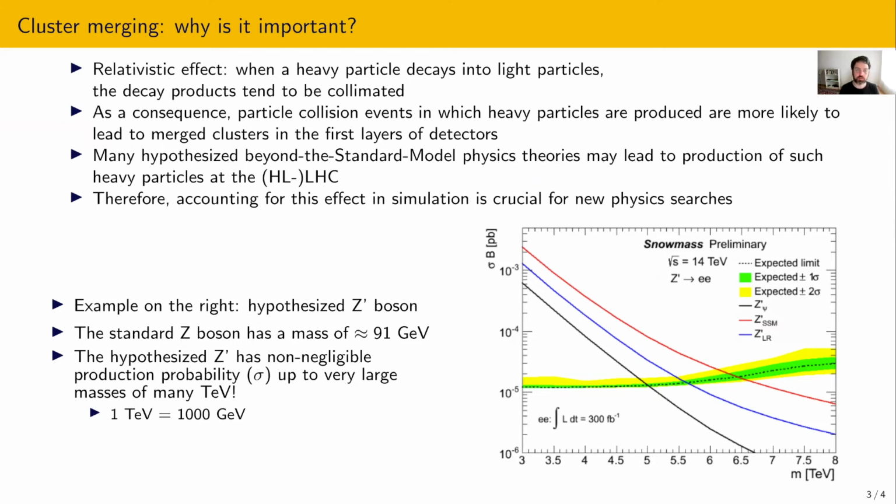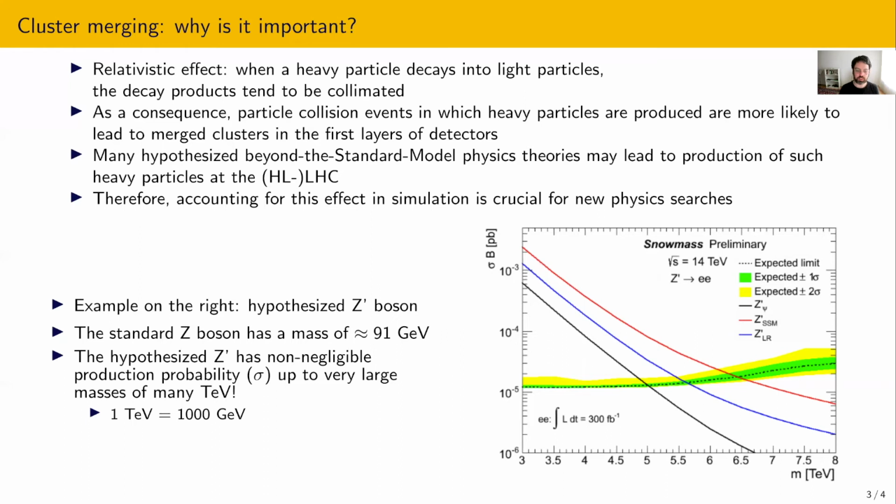As a consequence, if you have collision events in which heavy particles are produced, they are more likely to lead to merged clusters in the first few layers of the detector, just because of the angular distribution. And we have many hypothesized beyond-the-standard-model physics theories that we're looking for at the LHC, and that may very well lead to production of such heavy particles. And so we absolutely need to account for this effect in simulation.